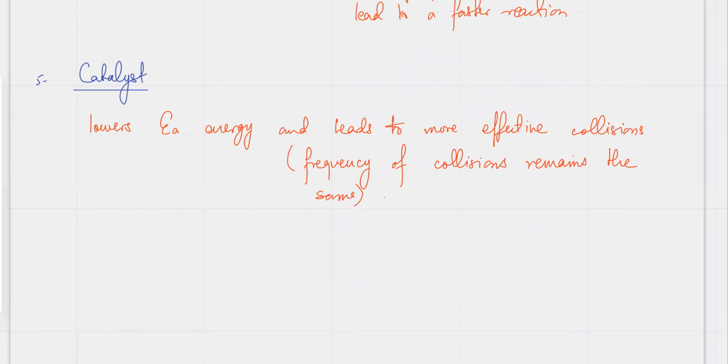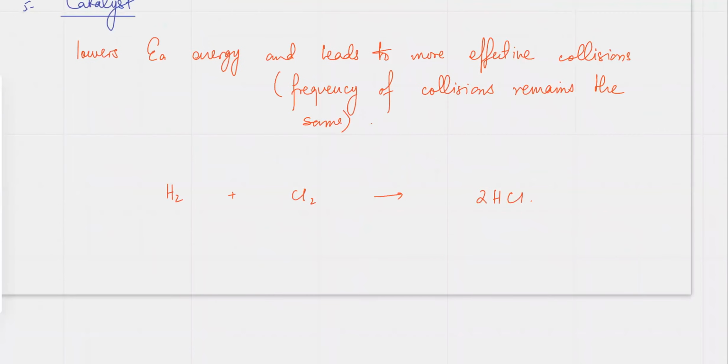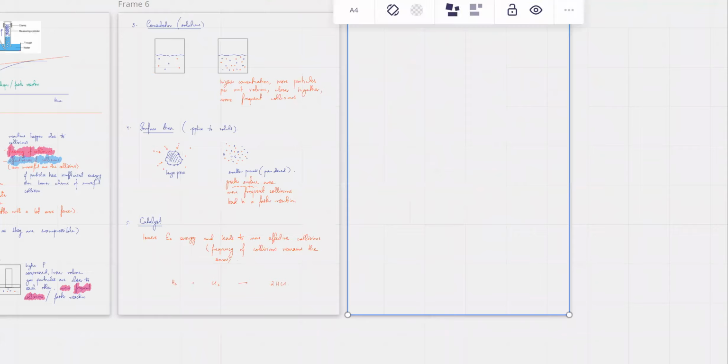So here's what happens when a reaction happens in a bit more detail. For example, I've got H2 reacting with Cl2, and they're going to form 2 HCl molecules. So here is what happens when a reaction happens, and let me open a new page. I've got an H2 molecule, the two atoms bonded together.